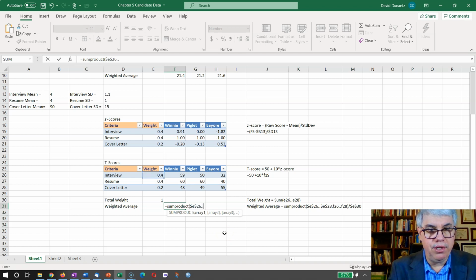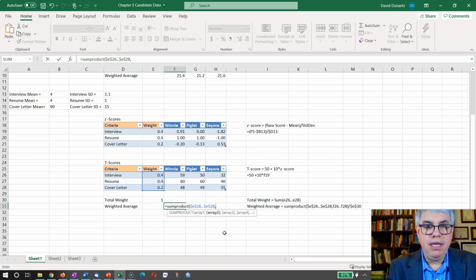Then we're going to go to $E$28. That's going to be the first argument. Now we're going to put in Winnie's scores. He's in column F, but we want to calculate it for Piglet also, so we're not going to make F be the absolute value.